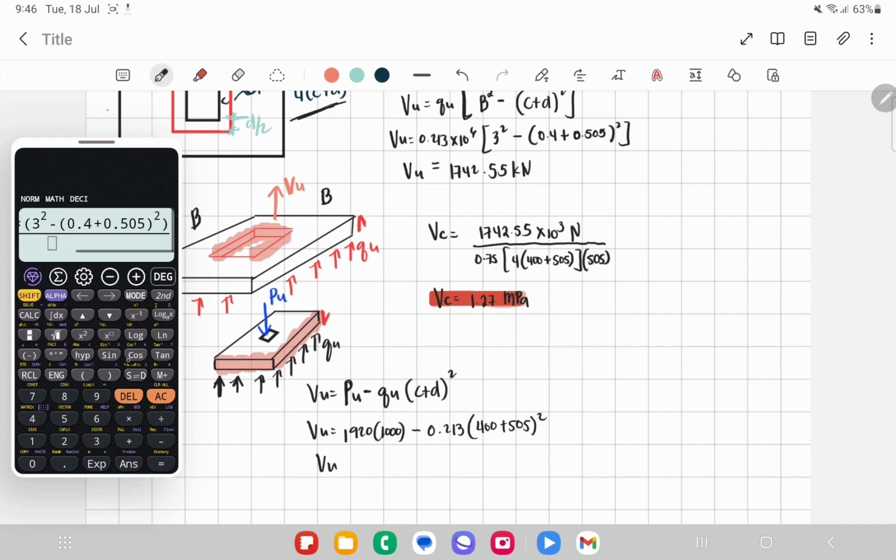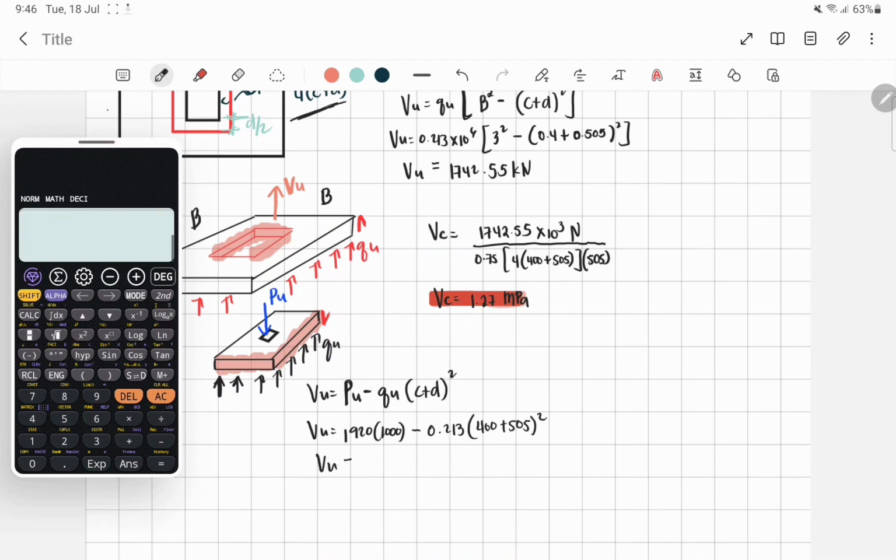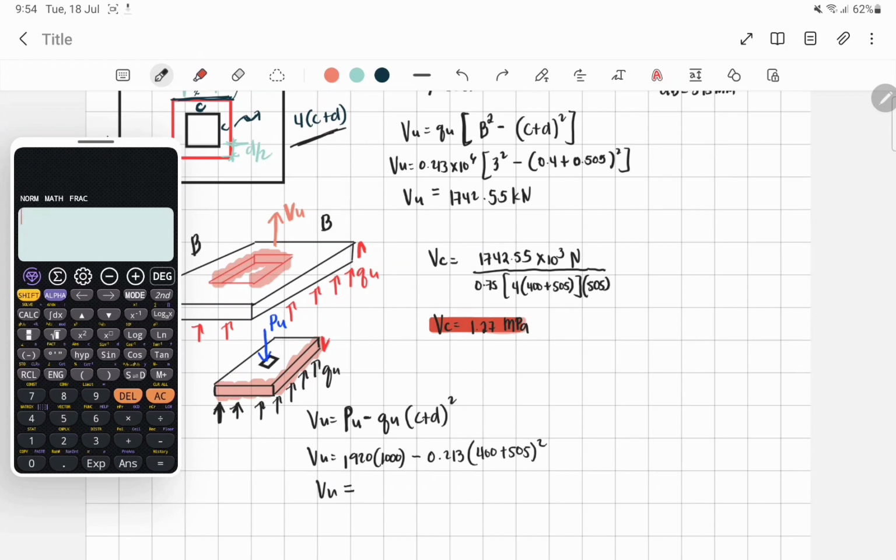So 1742.55. There is a little discrepancy, that's alright. But it should be equal, guys, it should be equal.